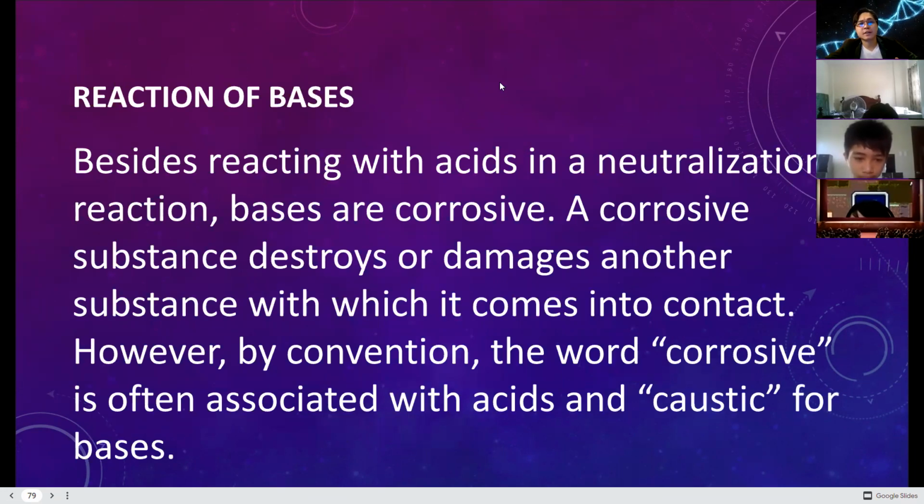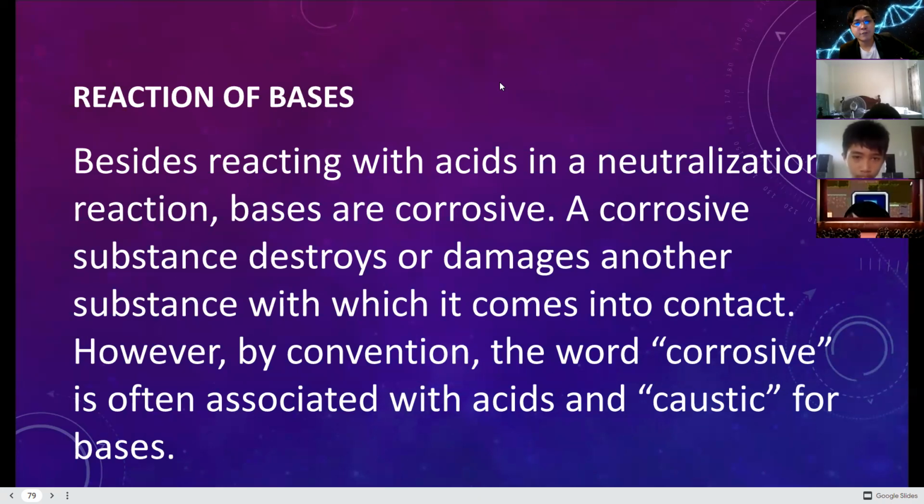Reaction of bases. Besides reacting with acids in a neutralization reaction, bases are highly corrosive, meaning to say they can be corrosive to a surface. A corrosive substance destroys or damages another substance with which it comes into contact.